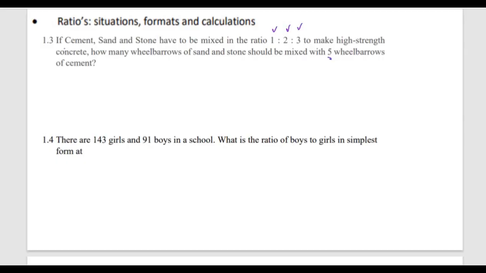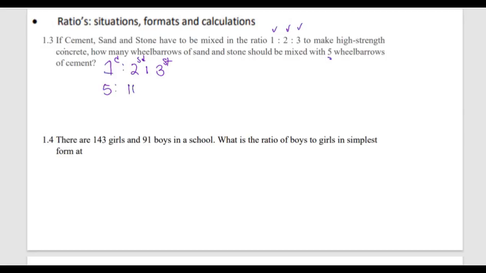So simply meaning, they're telling us if you only have 1 cement, you'll have 2 for sand and 3 of stone. So here we have 5 wheelbarrows of cement. That means it will increase.